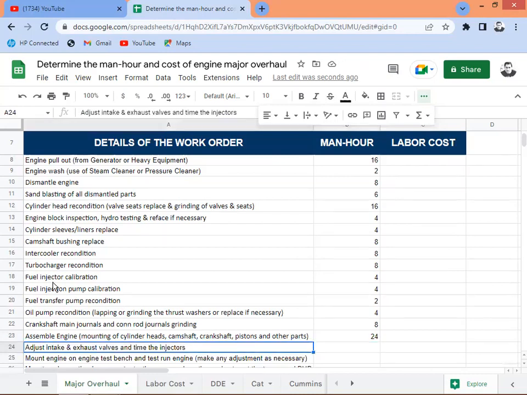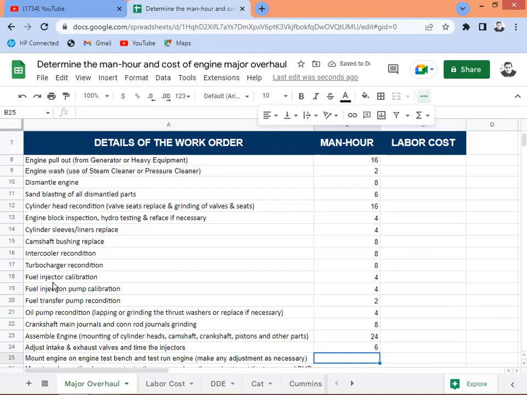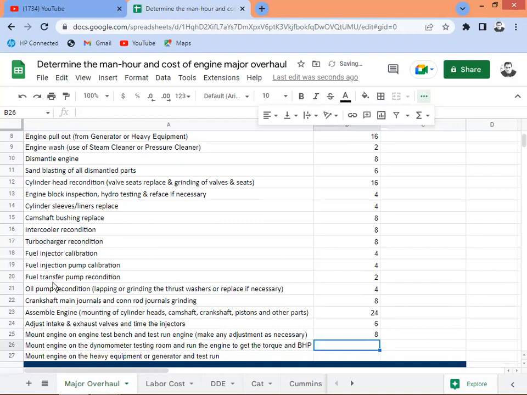Then adjust intake valves and time the injectors. This would be around 6 hours. Then mount the engine on the engine test bench and test run the engine, and this would be 8 hours, including the running of the engine. You have to monitor the engine, look for leaks.